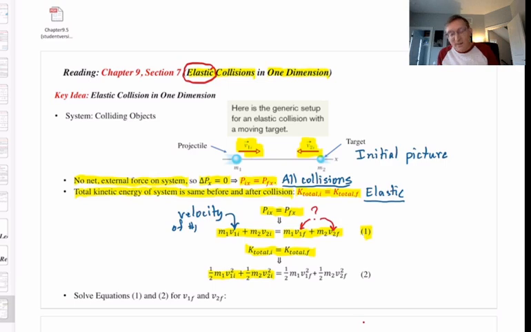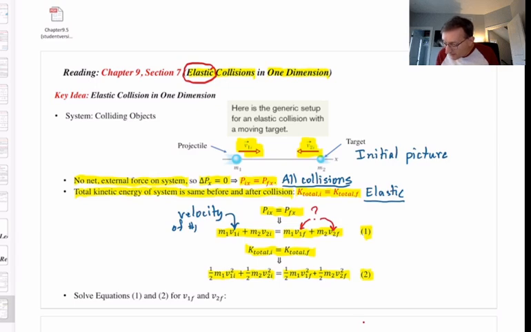On the right side, we'll have K total final. How will we write that in symbols? 1/2 M1 V1 final squared plus 1/2 M2 V2 final squared. And there we have equation 2. Same two unknowns, though, V1 final and V2 final.